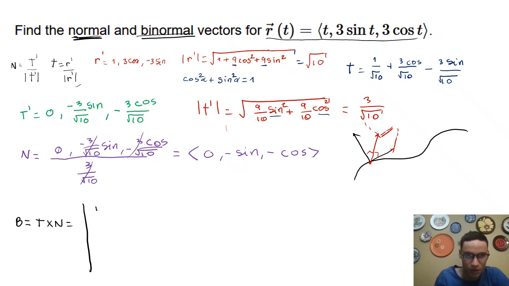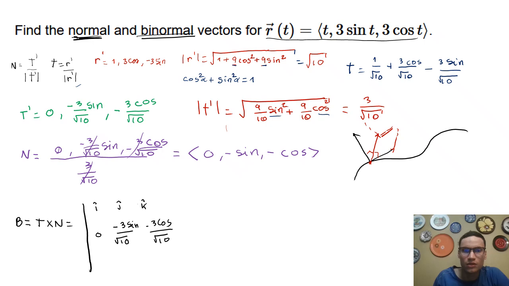We got the unit vectors i, j, k, and then the tangent vector, which is 0, minus 3 sine divided by the square root of 10, and minus 3 cosine divided by the square root of 10.